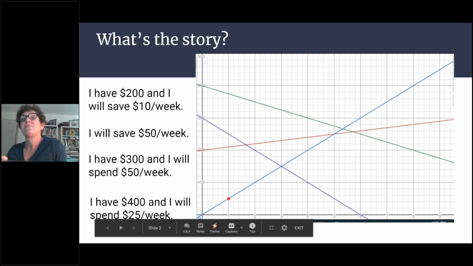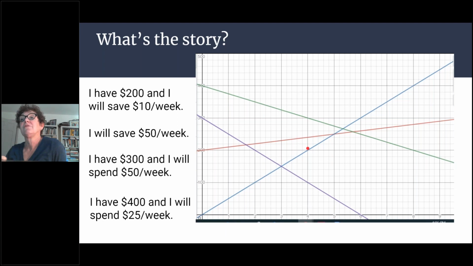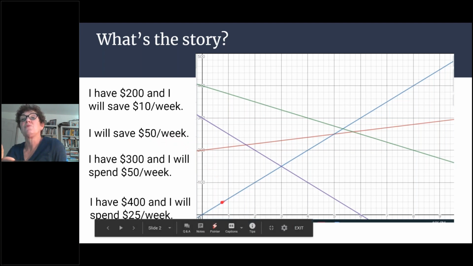So every week I'm saving $50. In 2 weeks, I will save $100. That makes sense. That means in 4 weeks, I should save $200. That makes sense. Okay. So this, I will save $50 a week, corresponds to this blue line.